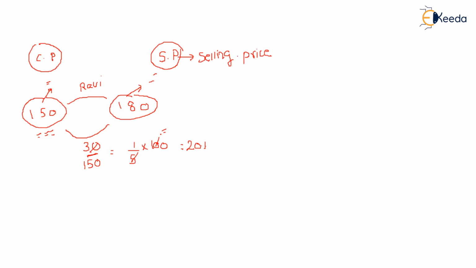Okay. So a simple concept. Suppose there is a question that a person sold a product to the same person Ravi at 120 rupees. Okay. And he earns a profit of 20% by selling this product to Ravi. So what is the cost price of the product?